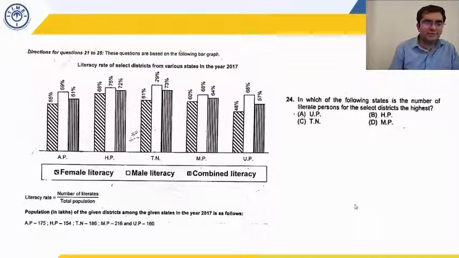Okay, let's solve. So the number of literate persons, as a percentage, is given by the third bar. So if I check for UP, the number of literate persons is 57% of 160. For MP, it would be 64% of 216. For TN, it would be 73% of 186. And for HP, it would be 72% of 154.